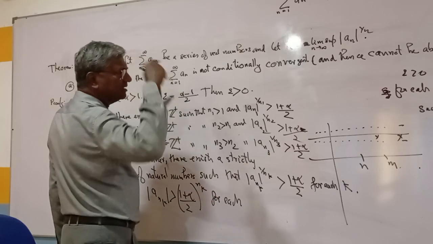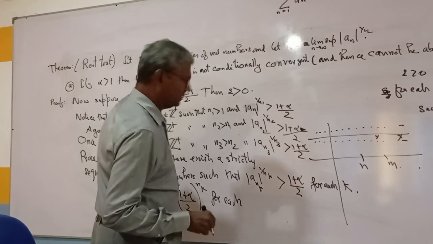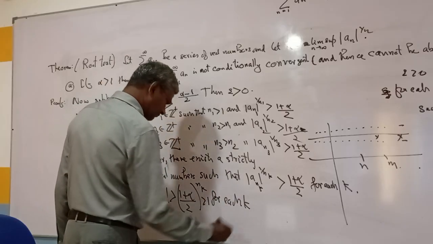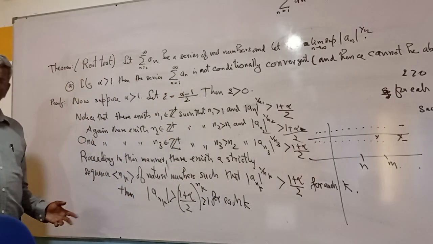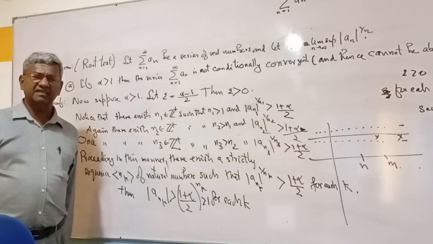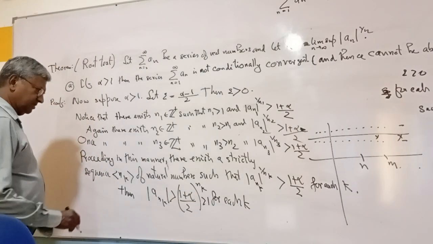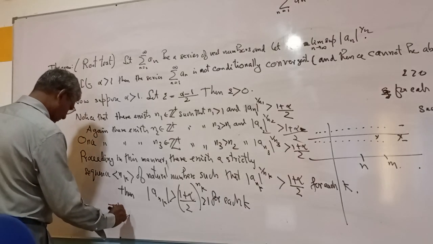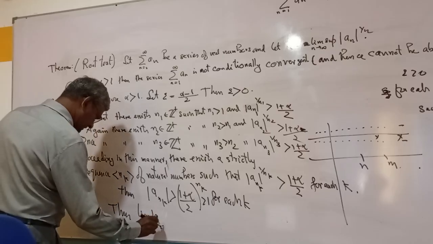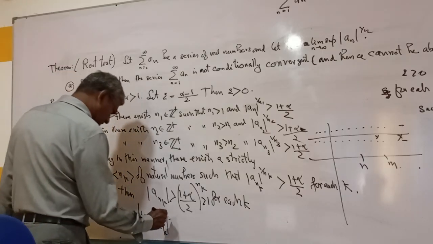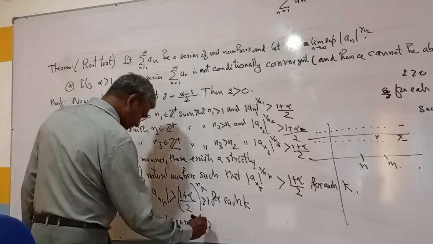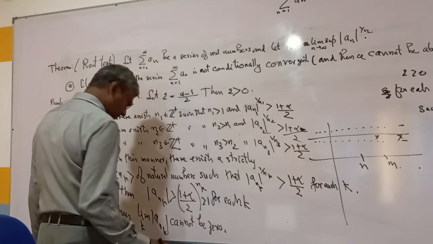And (1 plus alpha) divided by 2 is greater than 1. Therefore the limit of a_nk is not 0. Thus lim k mod a_nk cannot be 0, actually strictly greater than 0.